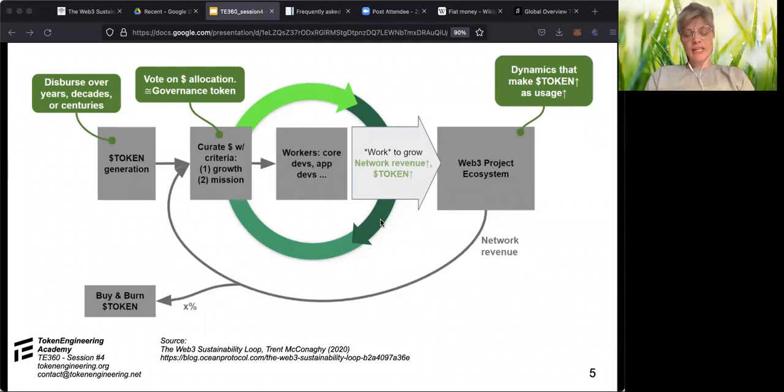And then here we have this element on the lower left side to buy and burn tokens, also a measure to increase the token value, and back to workers curated by the community accordingly, center left. To catalyze growth and ensure decent funding in early days, network rewards on the left also feed to workers. And that's this full Web3 sustainability loop.